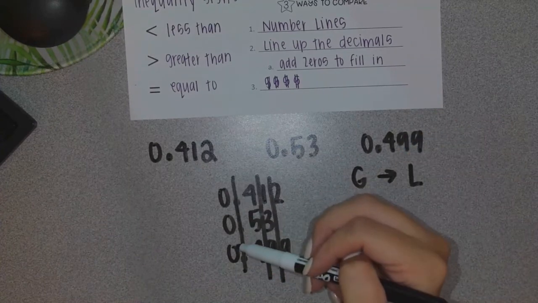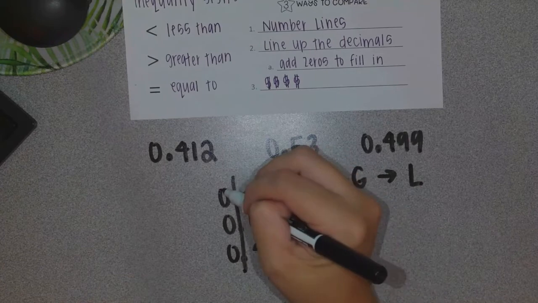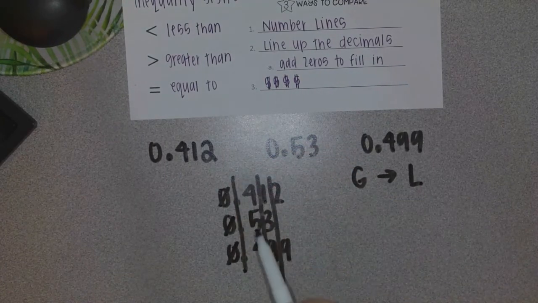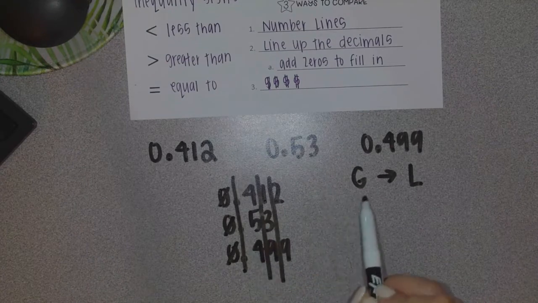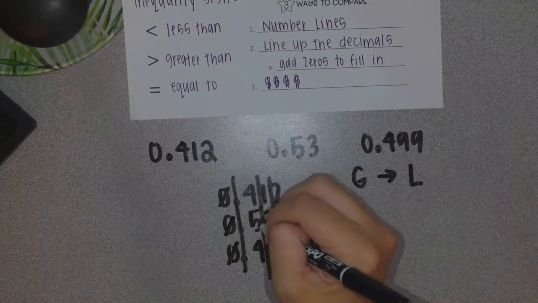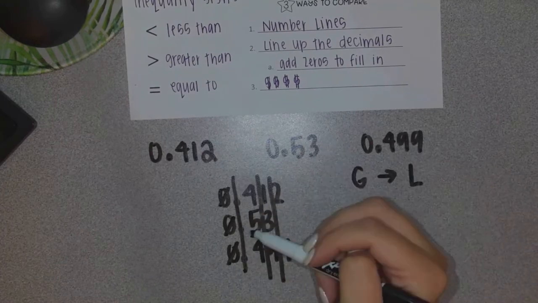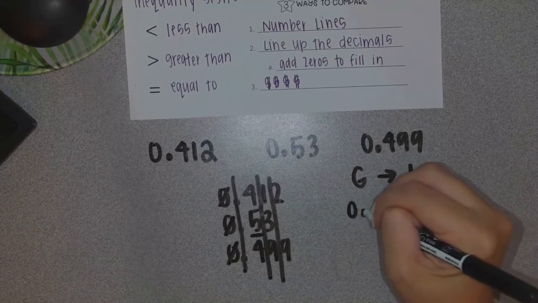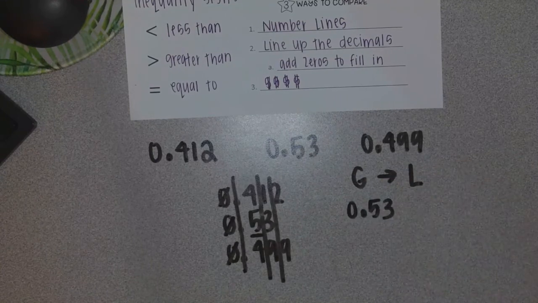When I look in the ones position, all of them have a 0, so the ones don't really help me. But in the tenths position, I see a 4, a 5, and a 4. Since I'm ordering from greatest to least, 5 is the biggest of the 3 digits. So 53 hundredths is my biggest number.